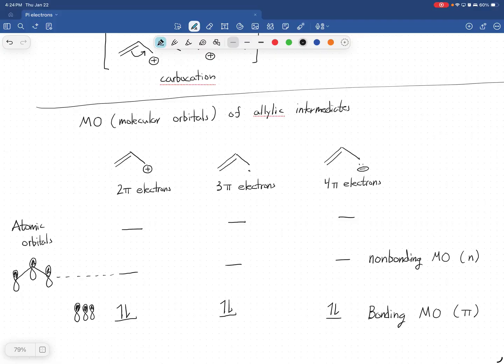So in MO theory, right, usually there's 2 types of orbitals. If you have a bonding MO, and what's the other one called? The one higher in energy. It's the opposite of bonding. So what do we call that? Say again?